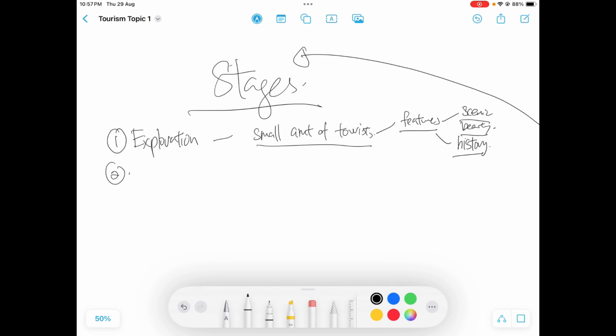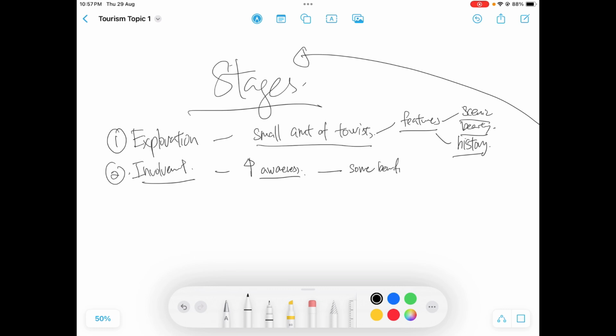Next, we talk about the involvement stage. What's the difference between the involvement stage and the exploration stage? It is that there is an increased awareness about this place, and there are some benefits really.